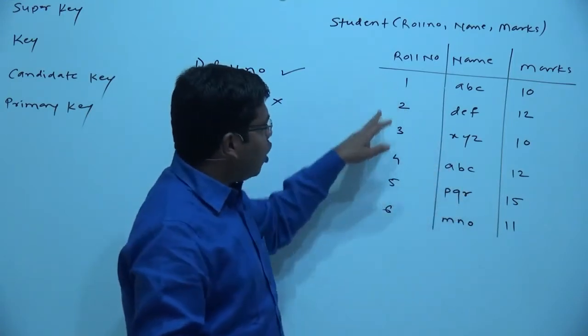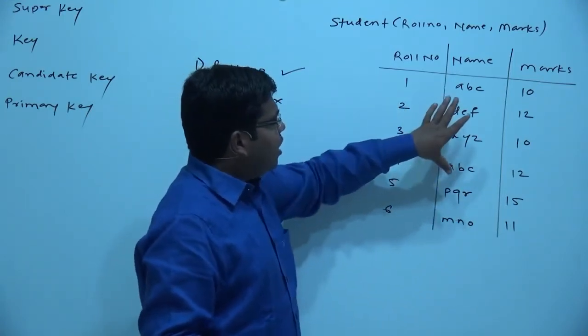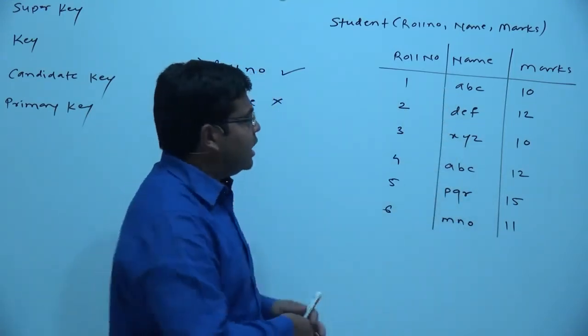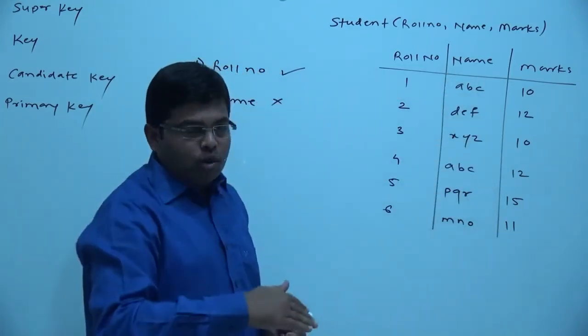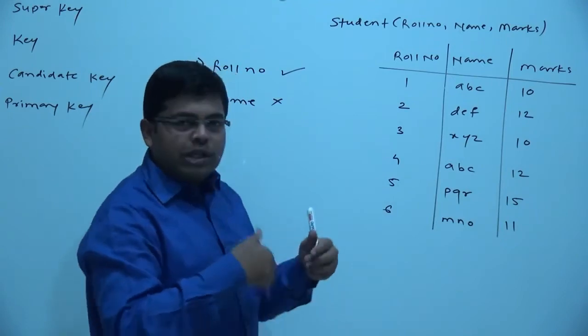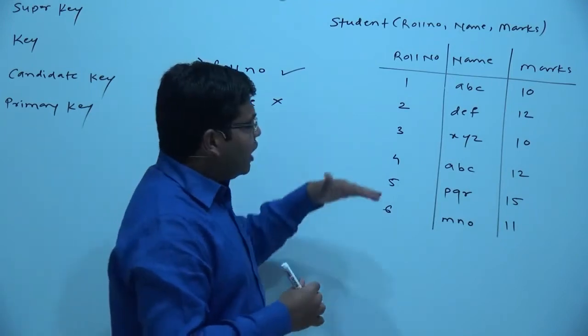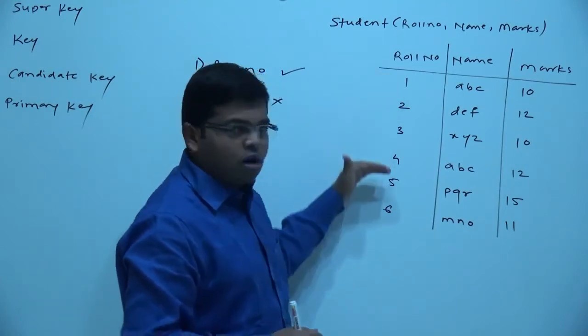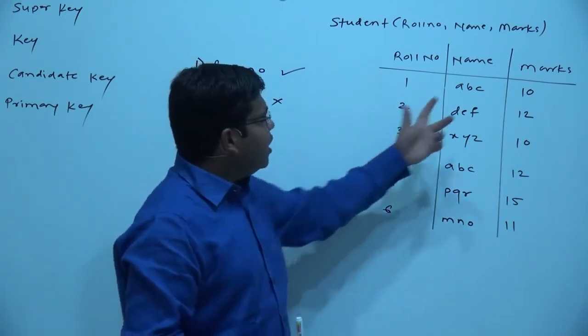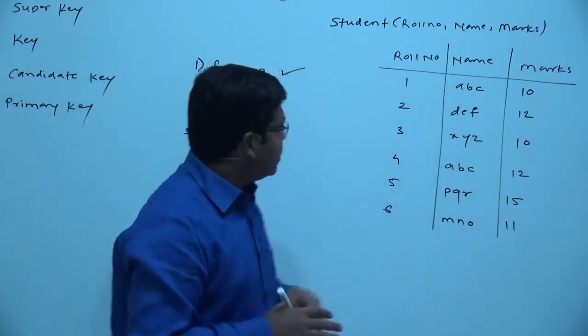It is either 1 or 4. And this is what I mean by saying name cannot be used to uniquely identify the row. When I say a student with name ABC, we are not very clear which exact student we are talking about, either roll number 1 or roll number 4. That is why name alone will not qualify as a key.